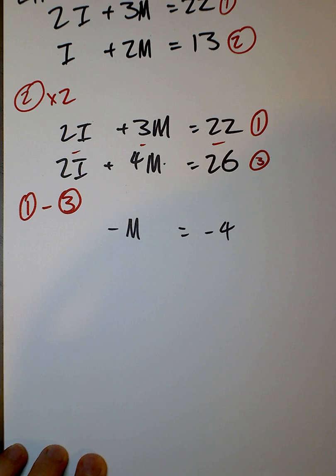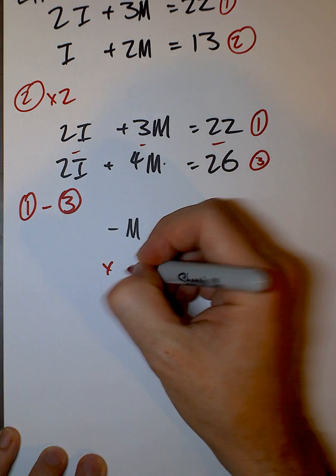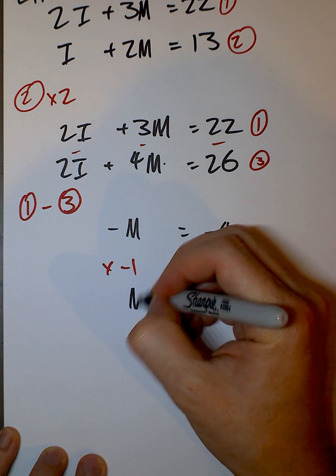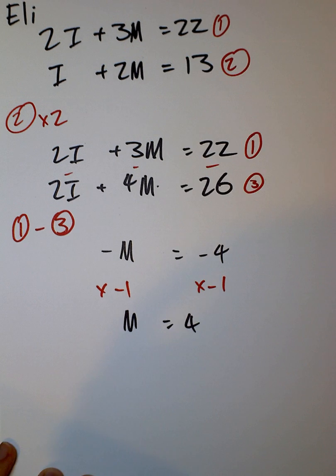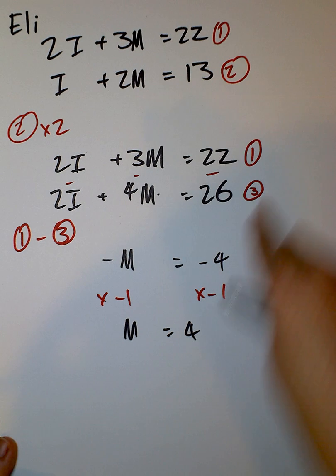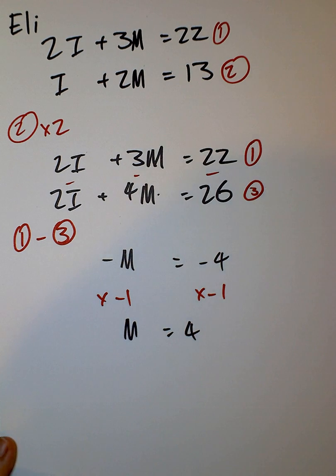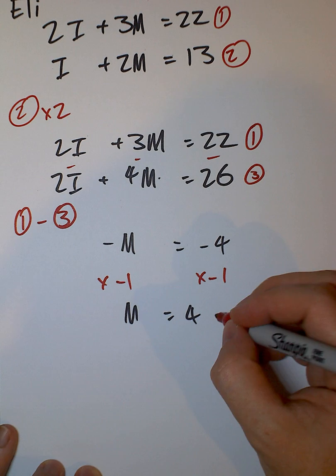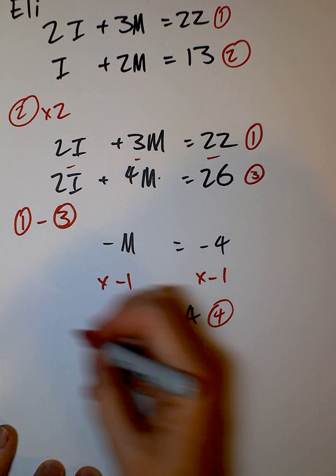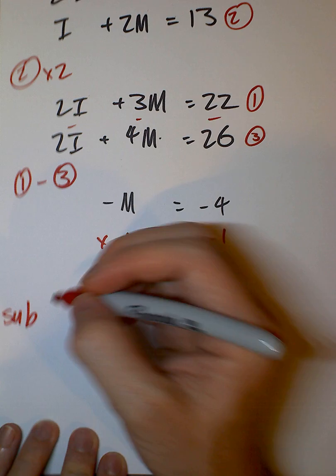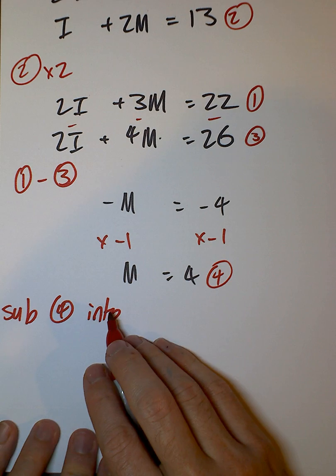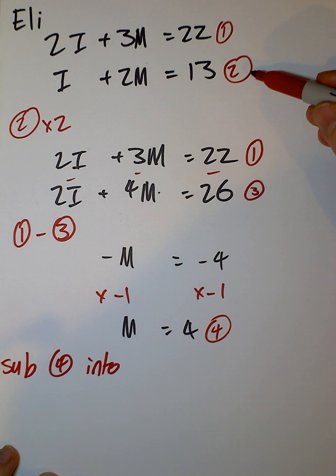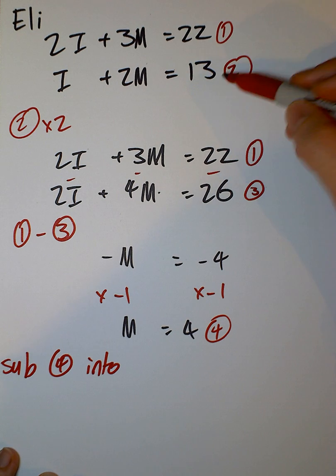So from here, we can times by negative 1. So m equals 4. So we have manipulated a little bit from here to here, and we've got our answer fairly quickly. We are just going to call this equation 4, and then do a quick sub of equation 4 back into equation 2, because that just has i equals that.